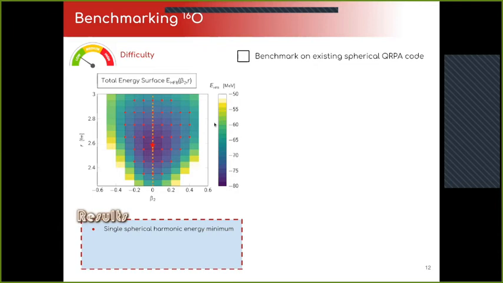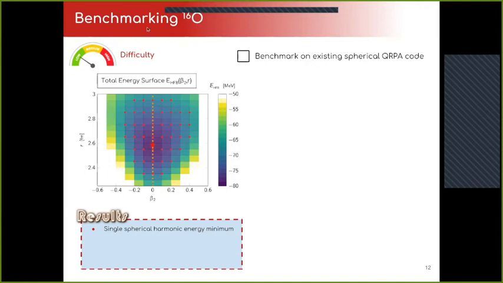And all the points in this plot are obtained by performing different constrained mean field calculations, at the HFB level, Hartree-Fock-Bogoliubov level, and the red dots indicate the points which are discretely included in the P-GCM ansatz, whereas the star indicates the minimum, and it is the solution for which one chooses to compute the QRPA excitations.